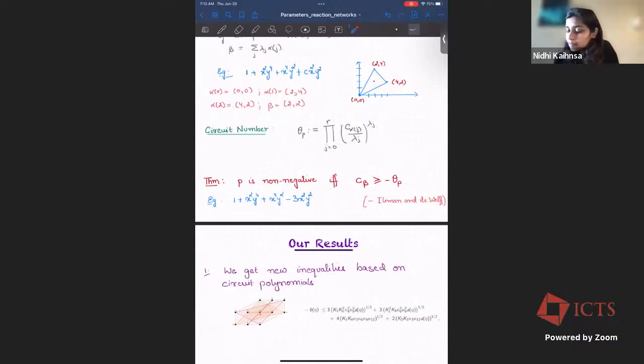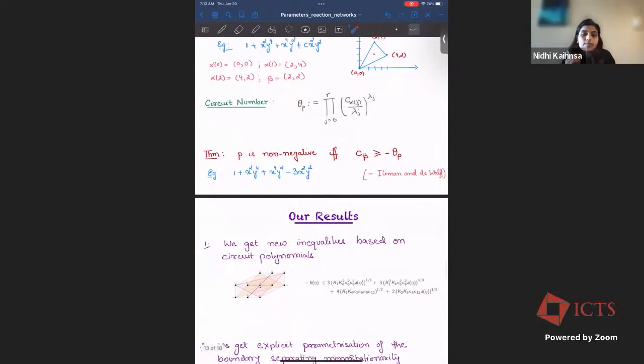And they give us inequalities on beta: this comes from the first circuit polynomial, this comes from the second circuit polynomial, these come from the two-dimensional and one-dimensional circuit polynomials. Their power is 1/2. So we can always get these inequalities.